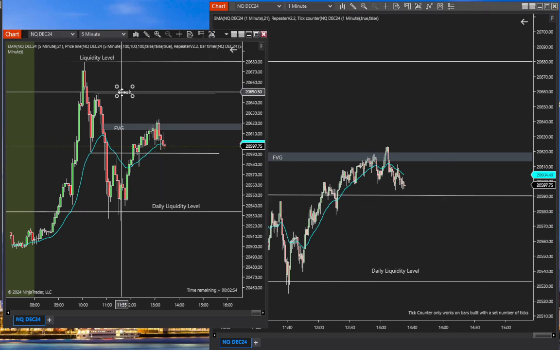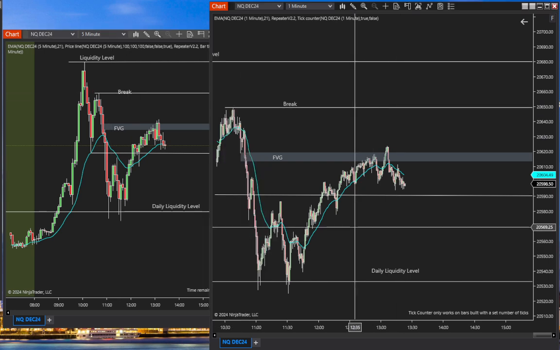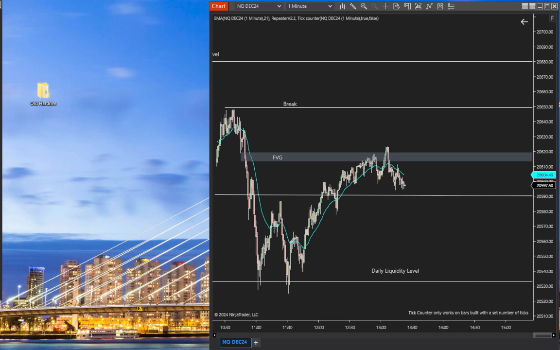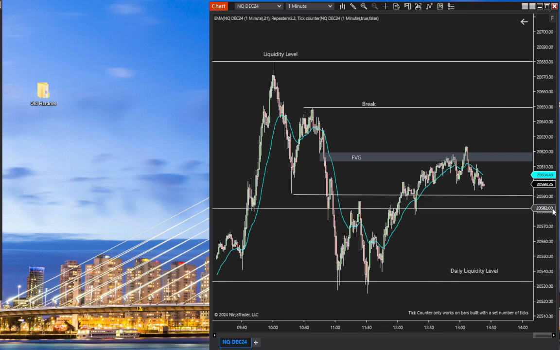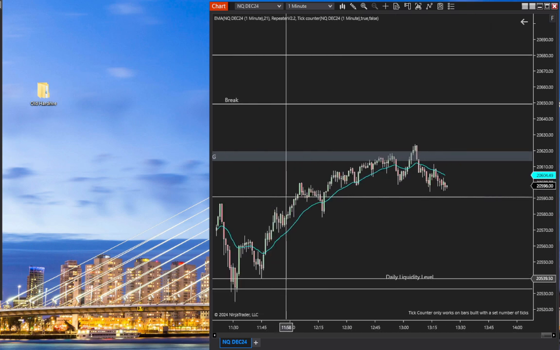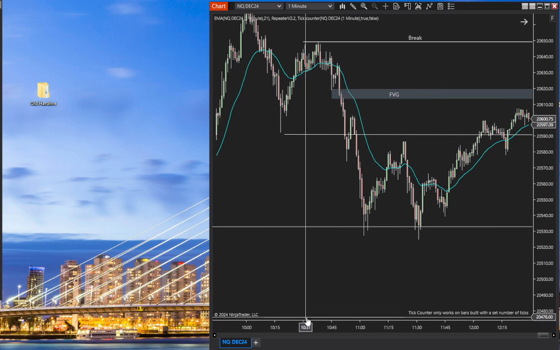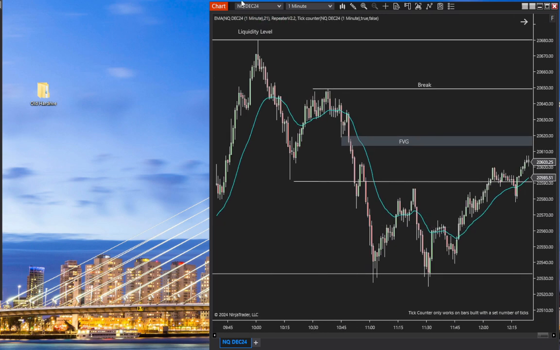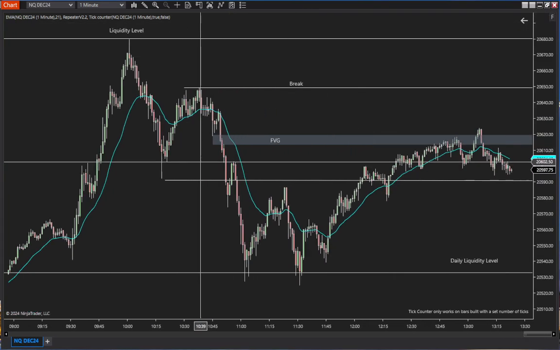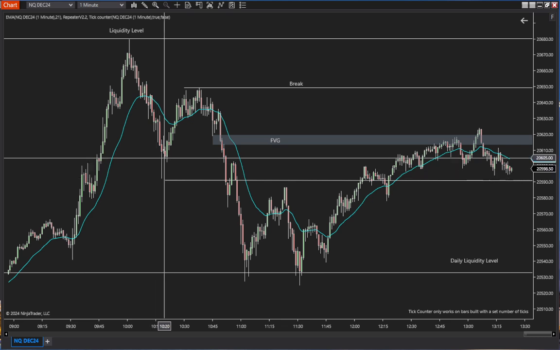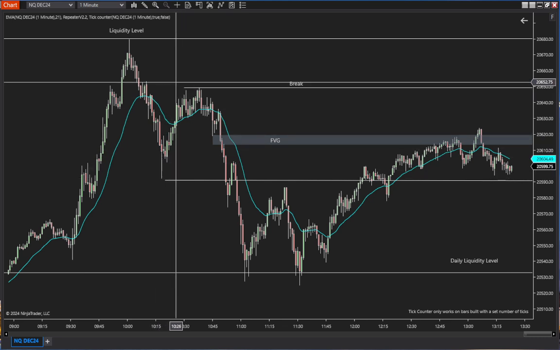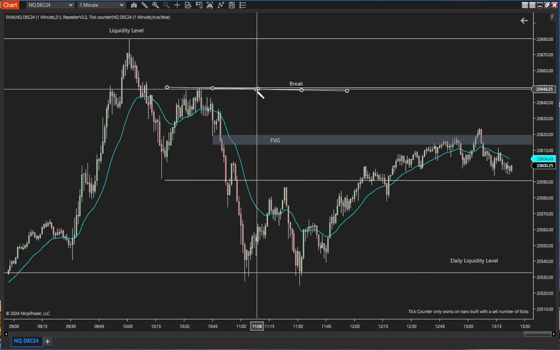So this is just everything from my 5-minute chart. I'm just putting it on my minute chart. A lot of you guys use minute charts, right? So now we know we have a 5-minute fair value gap right here. If you look at the area where sellers actually stepped in, sellers stepped in up here, we bounced, and then we created a little bit of a zone in this level.